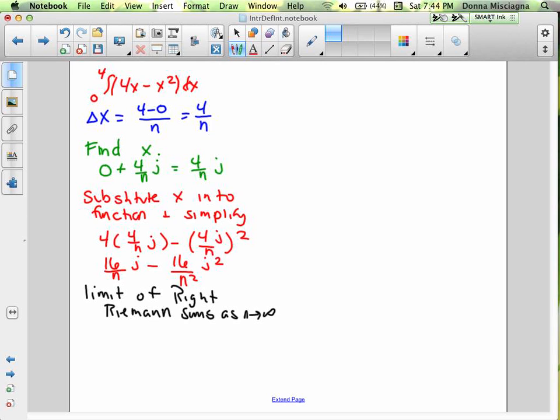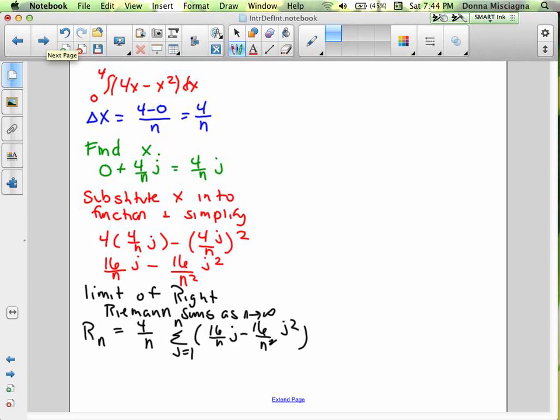So it's a right Riemann sum with n partitions where n is going to infinity. And that would be our change in x, which is 4 over n, times sigma, j equals 1 because it's a right Riemann sum, so we start after the first change in x, to n. And our function now is 16 over n j minus 16 over n squared j squared.